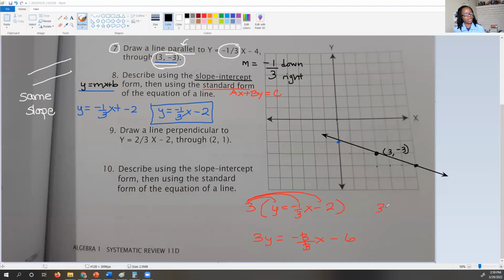So it's going to be 3y equals negative 1x minus 6. I want to go ahead and add 1x to both sides because I need the x to be on the same side with the y. So I can say 1x plus 3y equals negative 6. And that would be the standard form.